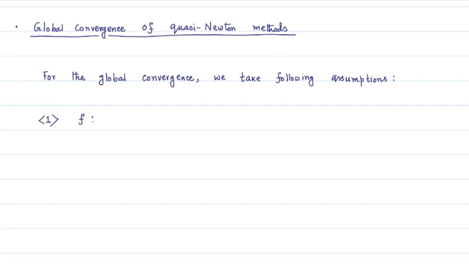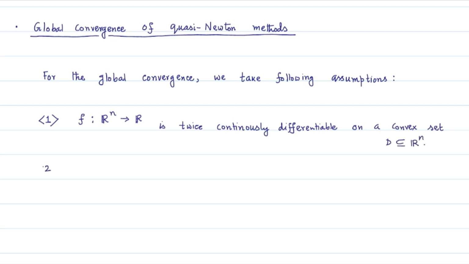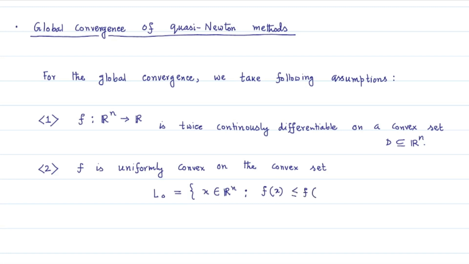We consider that the objective function f is twice continuously differentiable on a convex set, say capital D, and also assume that the objective function is uniformly convex on the initial level set, that is, on the convex set L naught, the collection of points in Rn for which f(x) is less than or equal to f(x naught), where x naught is the initial point.